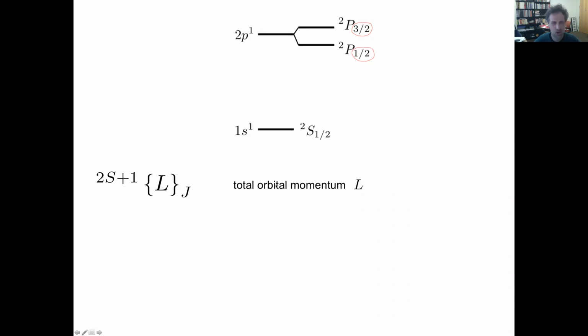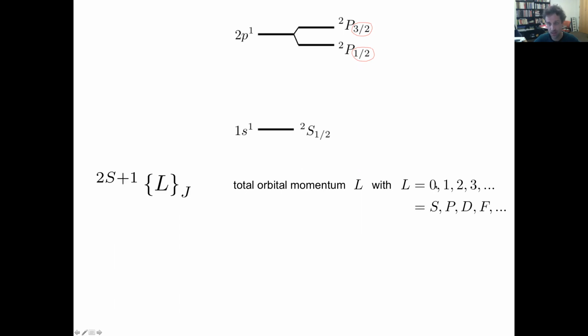All right, so the total orbital angular momentum is called L. That is the total contribution that the orbital angular momentum brings to the picture. And it can have values 1, 2, 3, 4. And we actually give those numbers names, in analogy with the orbitals, which also have orbital angular momenta.